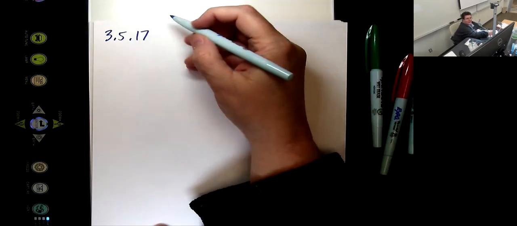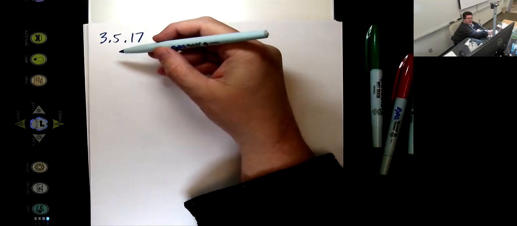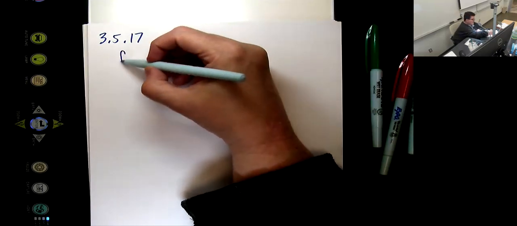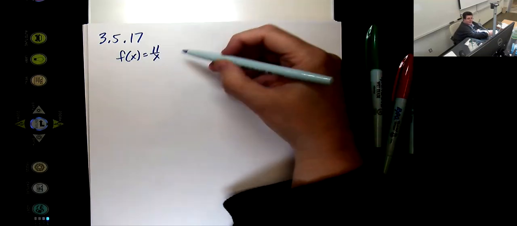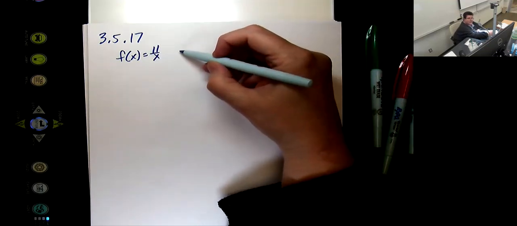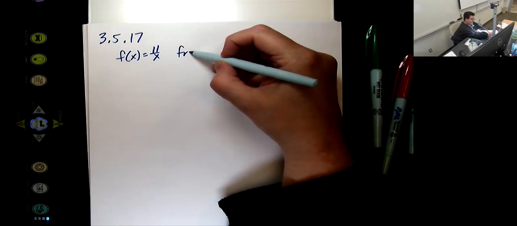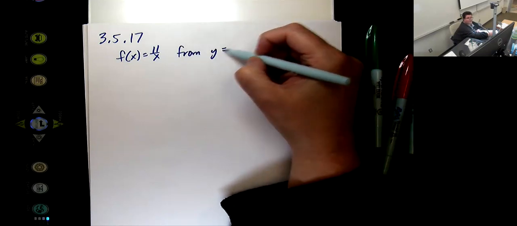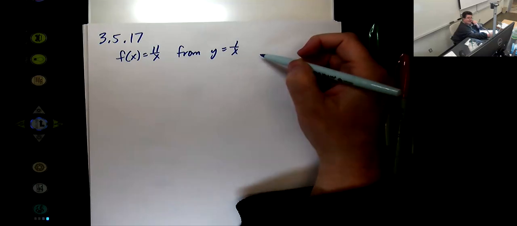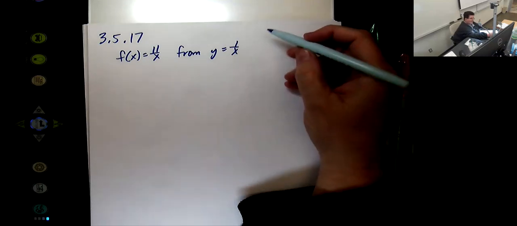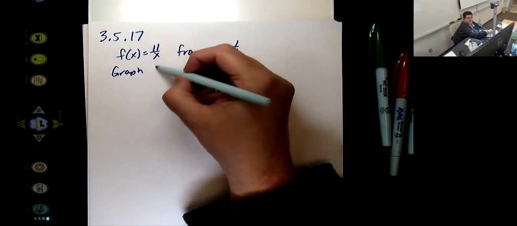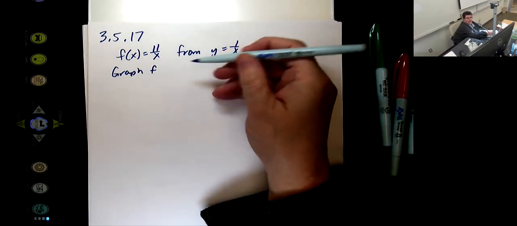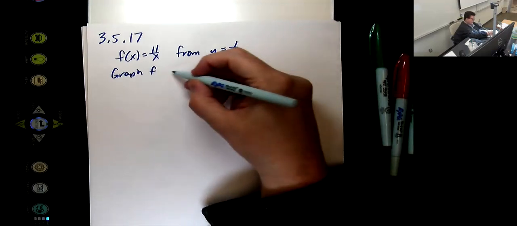It says explain how the graph of f of x equals 11 over x can be obtained from the graph of y equals 1 over x. Then graph f. And then do domain and range.